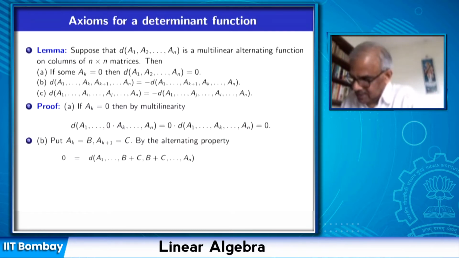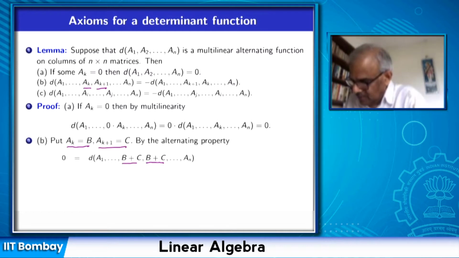Then let us look at the adjacent columns AK and AK plus 1, and we will interchange them and calculate the value of D. Just for simplicity, put AK equal to B and AK plus 1 equal to C. Then look at the matrix where the kth column is B plus C and the (k plus first) column is B plus C. So we have two identical columns. When we have two identical columns, by the alternating property, D of such a matrix is 0.